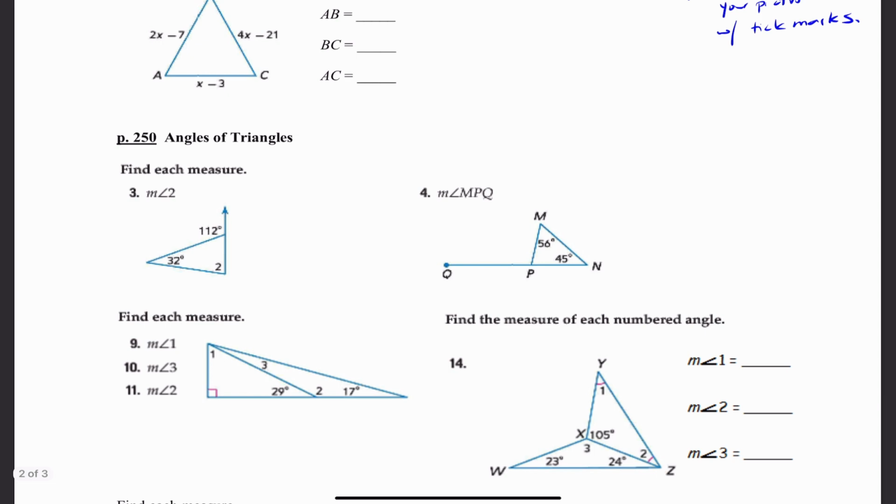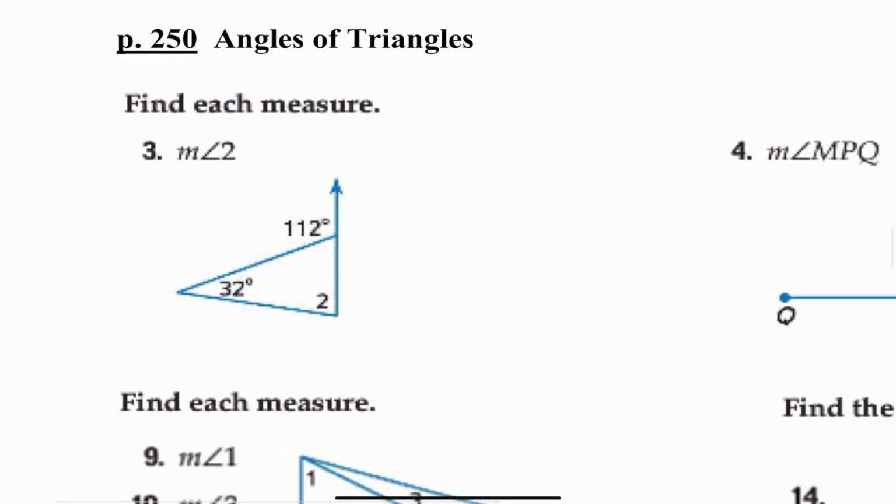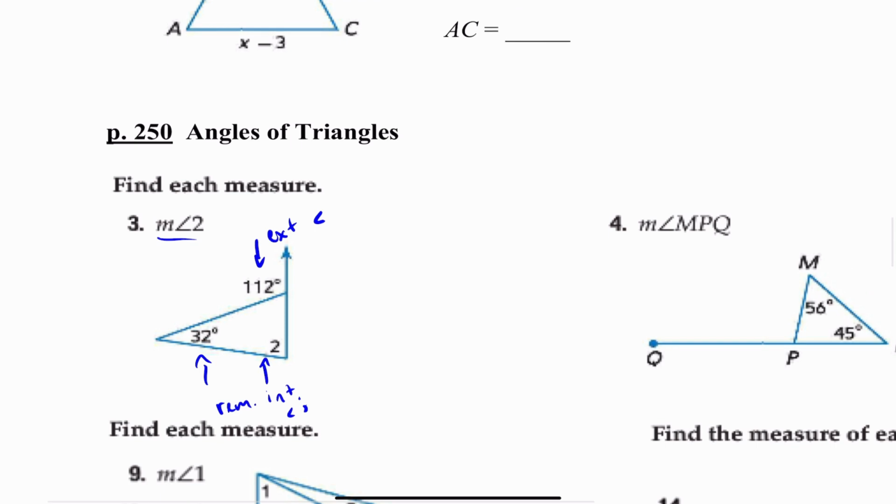Okay, so measure angle 2. Find each measure, measure angle 2. This is what you call an exterior angle, and these two things are what you call the remote interior angles. So you're going to use the exterior angle theorem. The exterior angle is equal to the remote interior angles added.